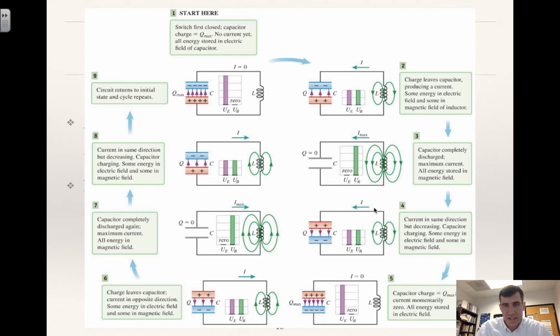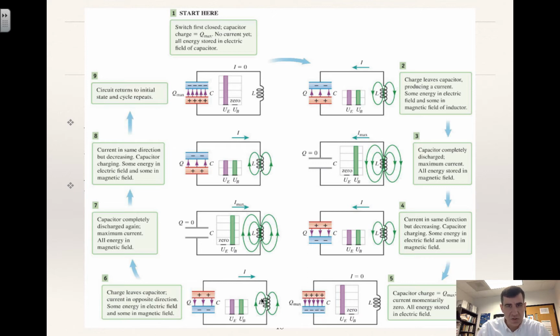So at this point, the capacitor starts to charge up again, and we're sharing the energy between the inductor, the magnetic field, and the capacitor, the electric field, until eventually the capacitor is fully charged, and at that point the current is going to be zero, so we've got no current and no changing current, so there's no induced EMF in the inductor, so once again everything is stored in the electric field in the capacitor.